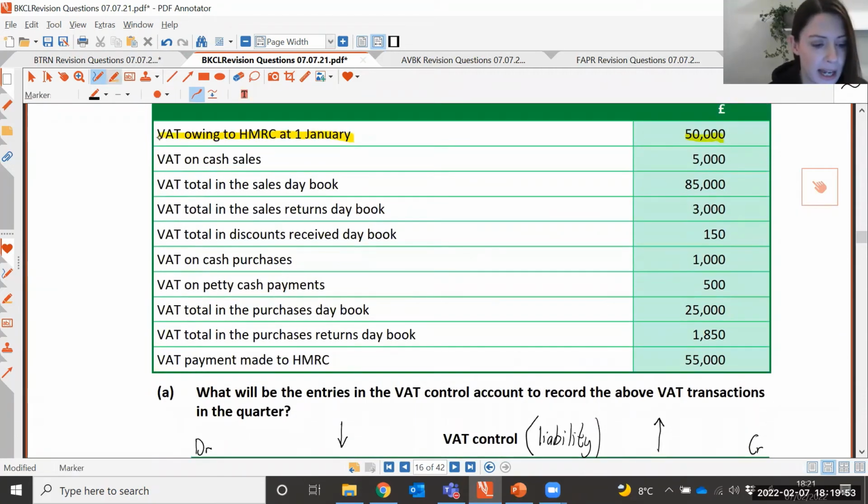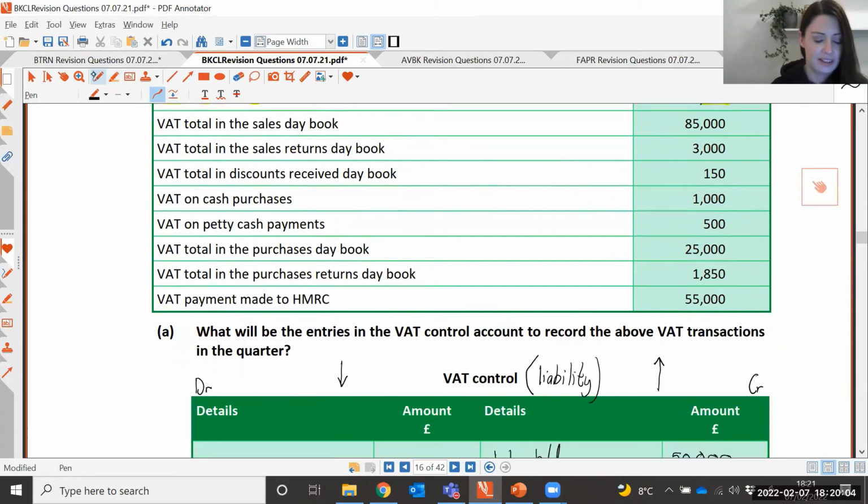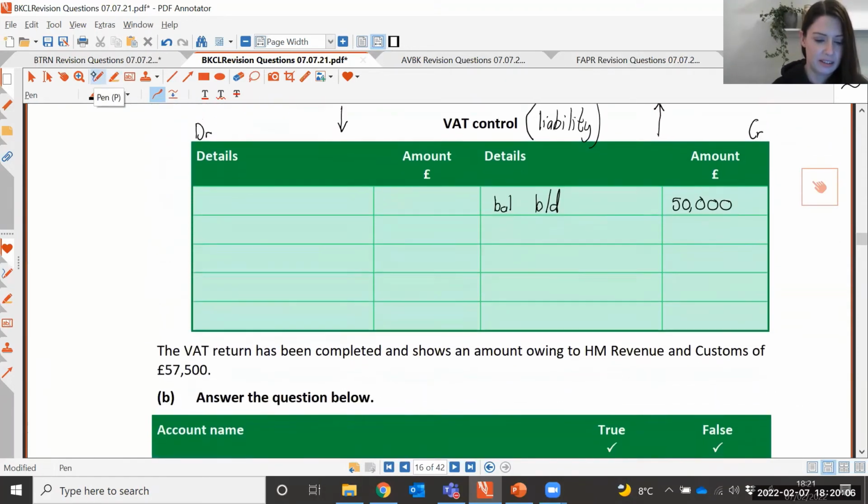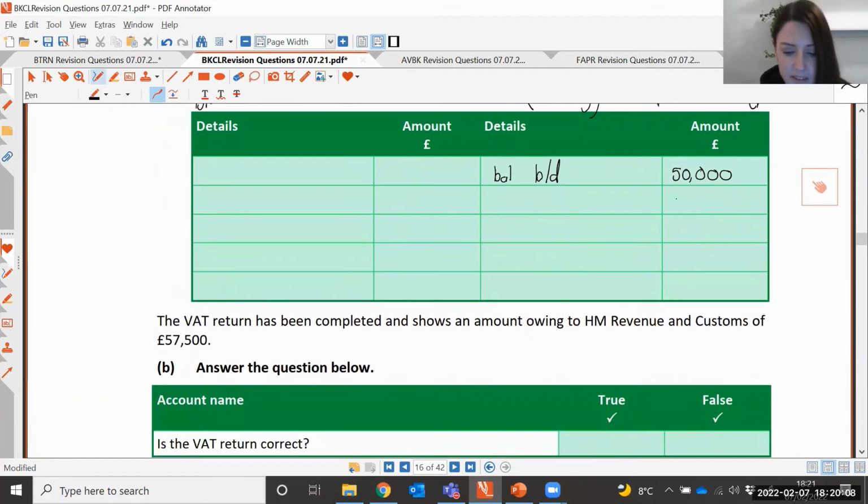Okay, so next we have VAT on cash sales of £5,000. Yeah, good, Elizabeth. So that was £5,000, VAT on cash sales.